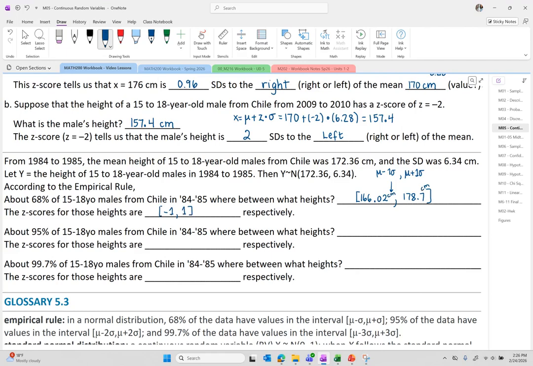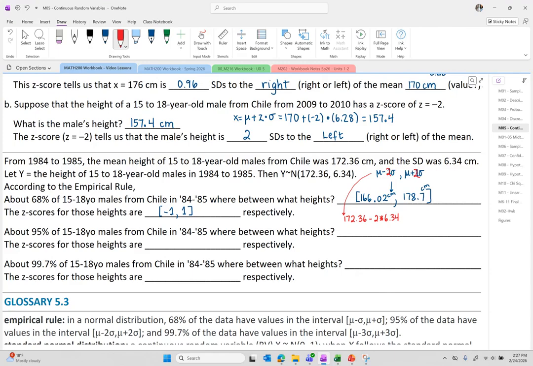The 95%, again, remember the empirical rule, 95% of these heights will be between the mean minus 2 standard deviations and the mean plus 2 standard deviations. So the lowest bound will be 172.36 minus 2 times 6.34.